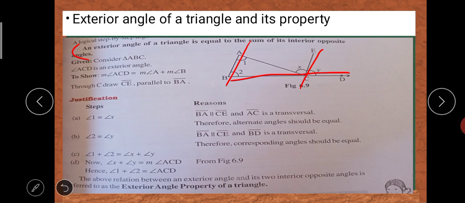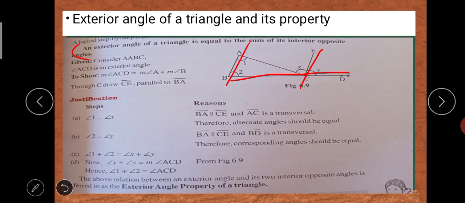When two parallel lines are cut by a transversal, given that BA is parallel to CE, the corresponding angles should be equal. Corresponding angles means those on the same side, they should be equal.